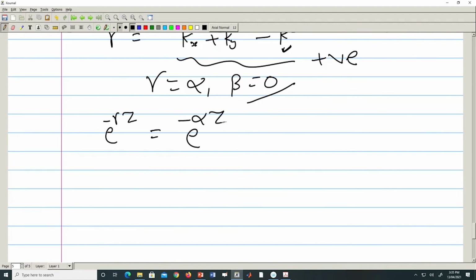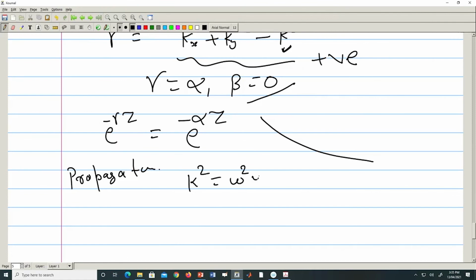Condition for the propagation is k square equal to omega square mu epsilon should be greater than m pi by a whole square plus n pi by b whole square.